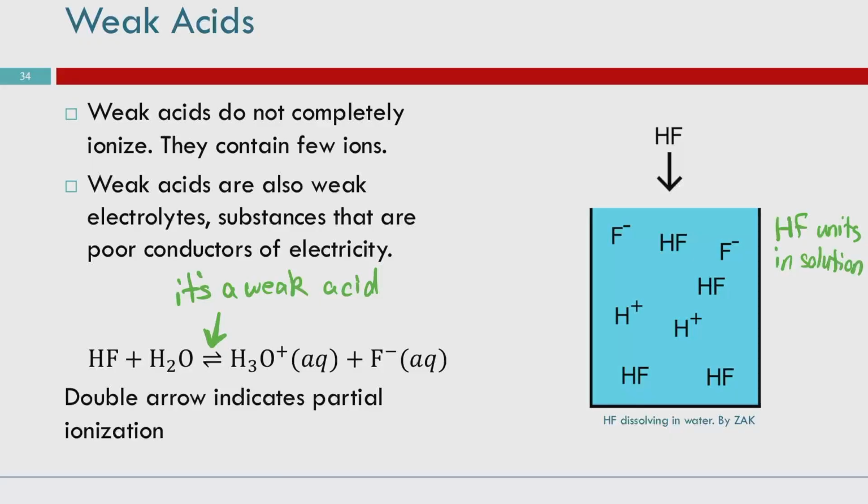The HF can dissociate to become the H3O plus and the F minus. These can also go backwards to reform the HF. The KHP that we used last week in lab, that's a weak acid. The solid acid that we're going to be using today and Thursday, also a weak acid.